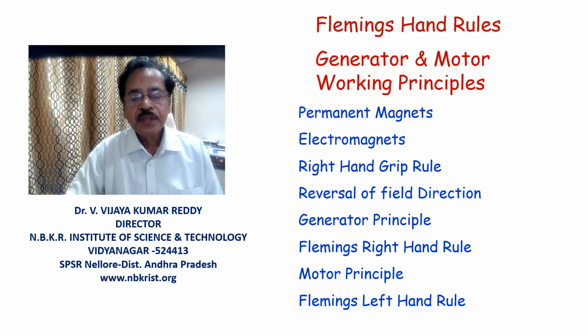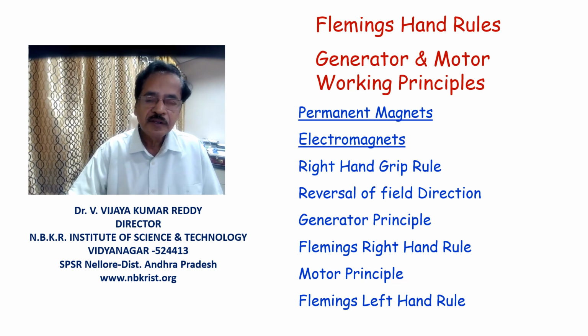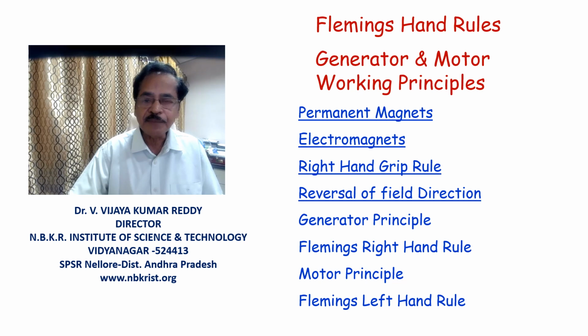With this, we conclude this presentation. In this presentation, we looked into the basics of the permanent magnets and electromagnets. We have seen how to apply the right hand grip rule to know the magnetic field direction. We also have learnt how to reverse the magnetic field direction.